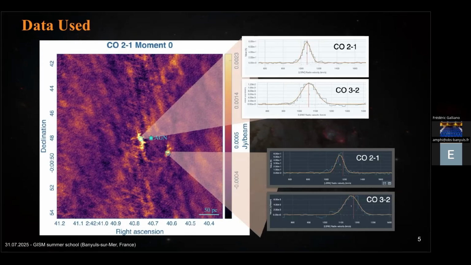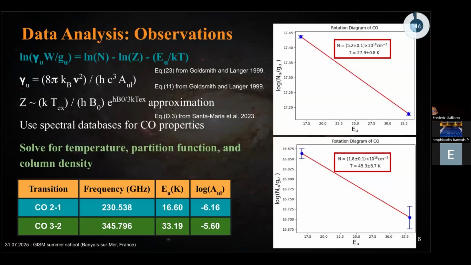In these green circles, the spectra in both transitions are shown, from which we derived the line integrals by fitting a single Gaussian line. And we analyzed this data with the equation above. From this, we derived the column density and the temperature.